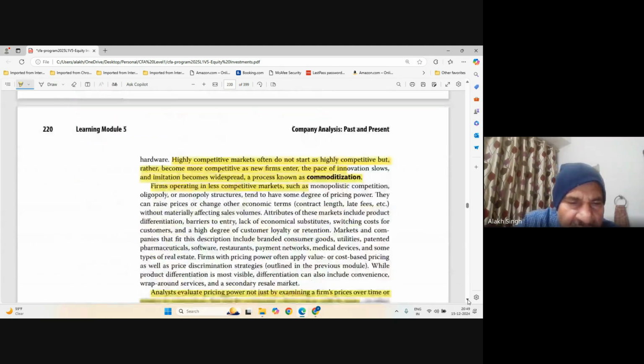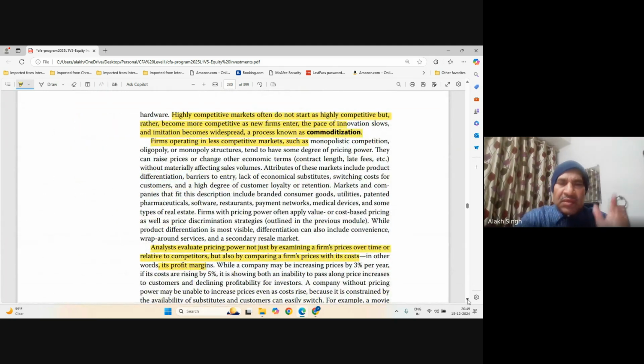It is the same discussion, and one new concept is commoditization. So what is commoditization? Initially a new product is made, and that new product is not very cheap to produce. Highly competitive markets often don't start as highly competitive, but rather become more competitive as new firms enter.